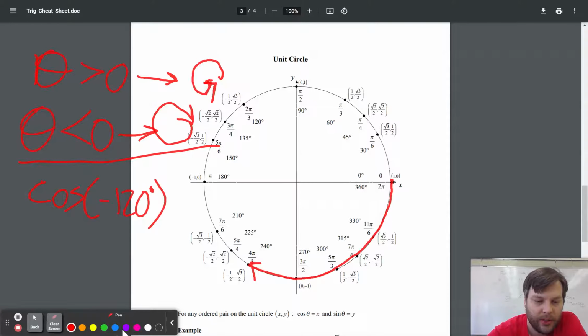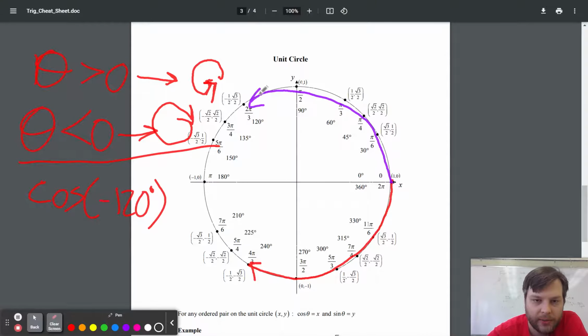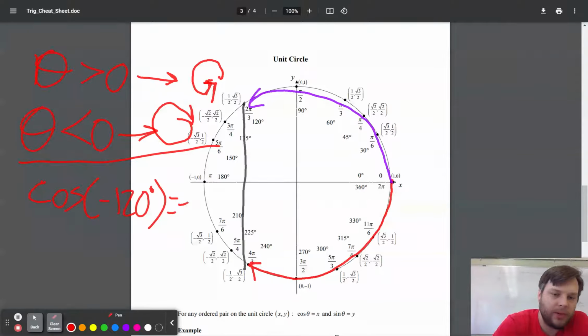I want you to notice that the counterclockwise rotation will always be directly above the clockwise rotation. So a little trick is just look at the positive version of the angle and go to the other half. Go up or down until you reach the other point. The cosine value at that point, the x value, is negative 1/2.